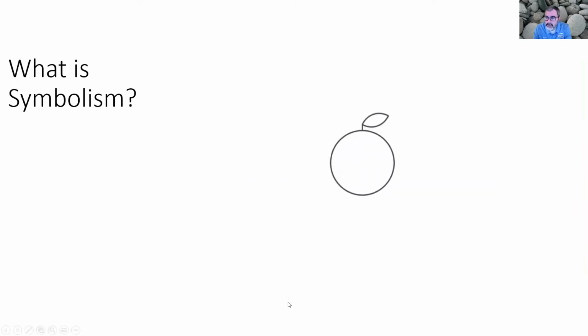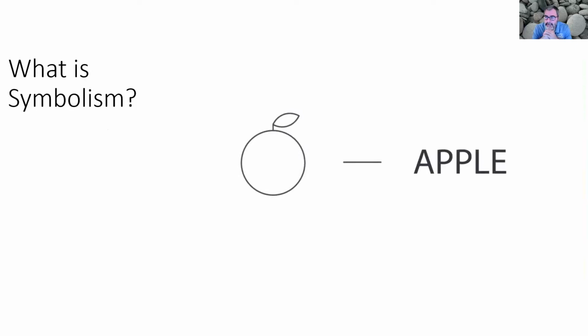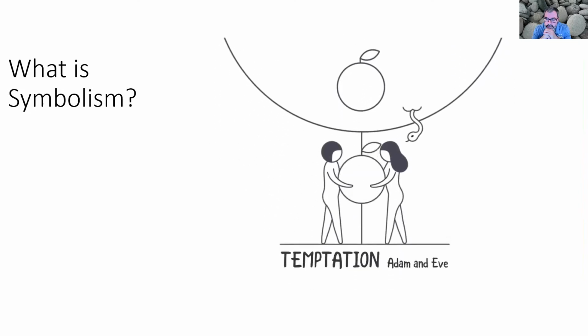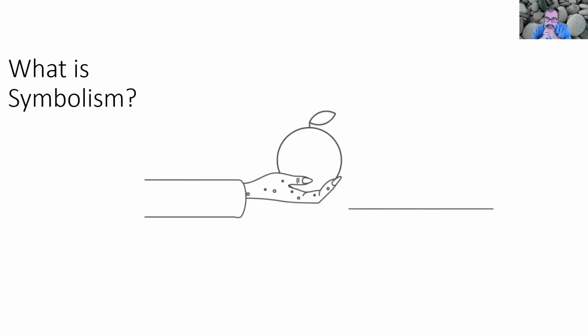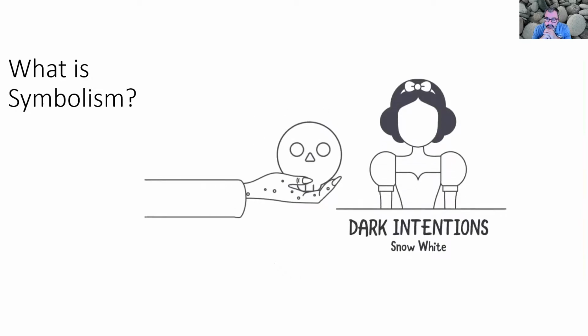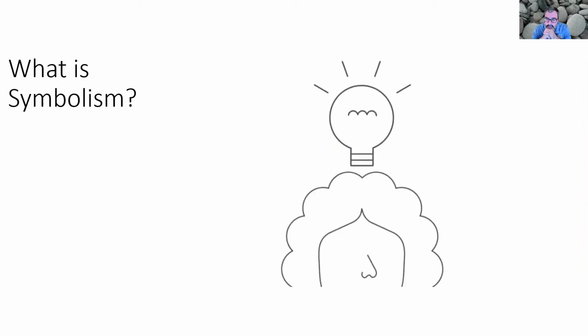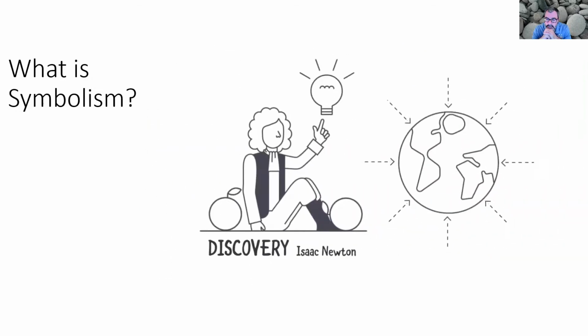This is an apple, but sometimes an apple isn't just an apple. An apple represents temptation in the story of Adam and Eve. In the story of Snow White, it represents dark intentions. To Isaac Newton, it represented his discovery of the theory of gravity.